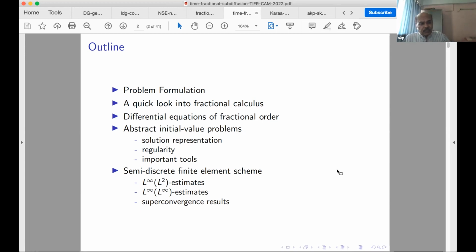And in the process, I will talk about the representation of solution and what theory from the heat equation can be used there. That is one of our objectives. Then we talk about regularity and some important tools. And then I will talk about what is our contribution, what was lacking there and what we did.